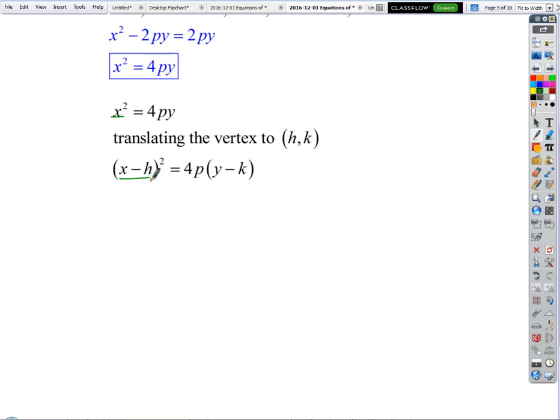Now in the past, we always wrote out our functions as y equals, and so k got kind of stuck on the right side just as a constant. But if we were to include that with the y, we would do the same thing here on this side. If we want to translate something vertically, we're just going to subtract k from y. It works the very same way. And that's going to translate something up or down.